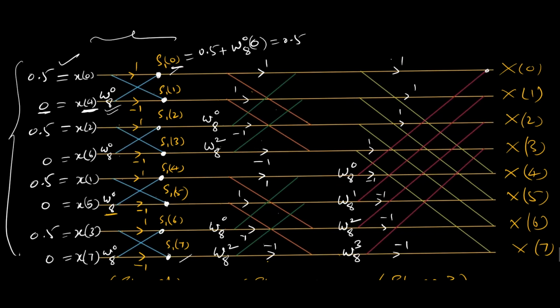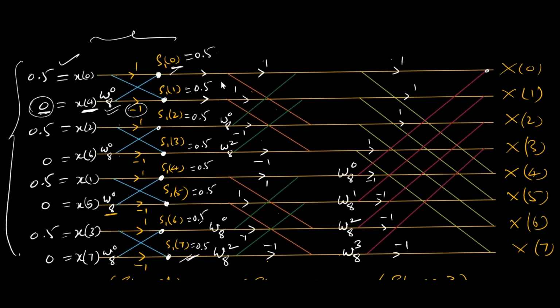Likewise you can calculate S1 1: here it is 0.5 minus, because minus 1 is multiplied with this twiddle factor, and again this is multiplied with 0, so it will result in 0.5 only. Likewise you can calculate all the other samples.